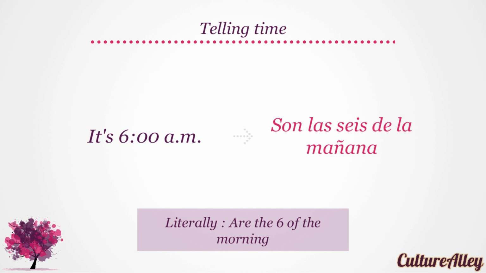As we read, it's 6 gets translated to son las 6. And for AM, we use de la mañana. So we translate it as son las 6 de la mañana.